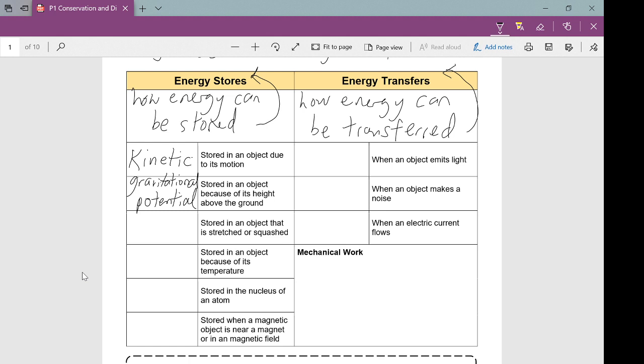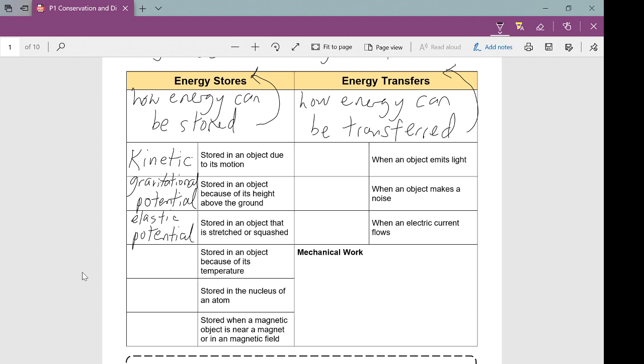Stored in an object that is stretched or squashed. What should I write? Elastic potential. Very good, Gabby. Elastic potential.